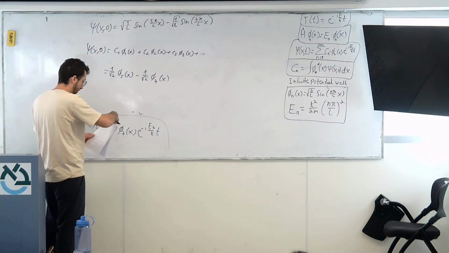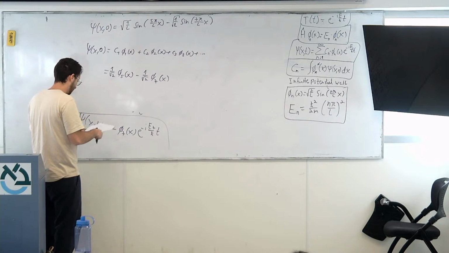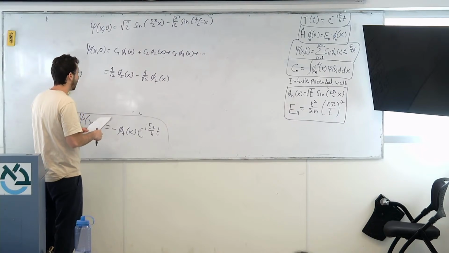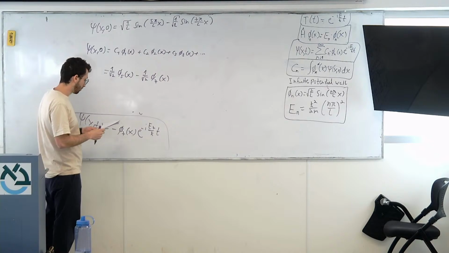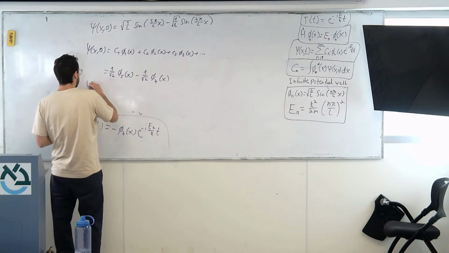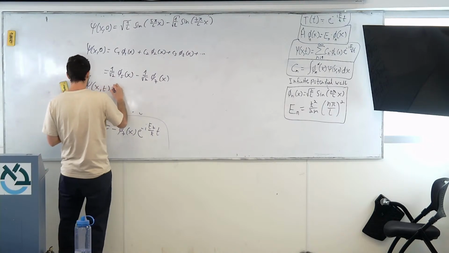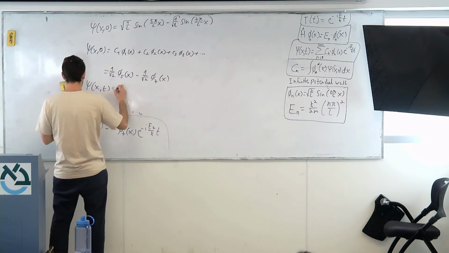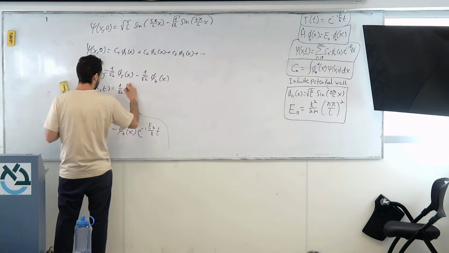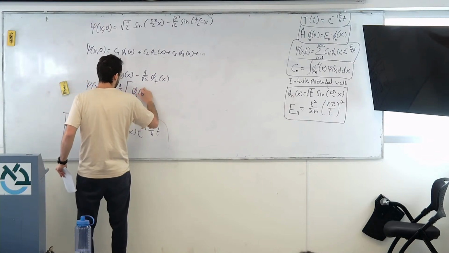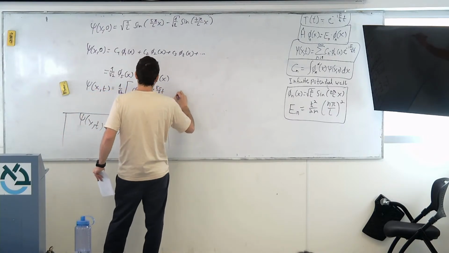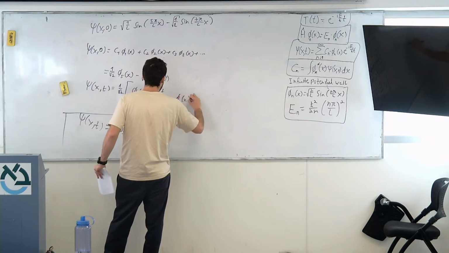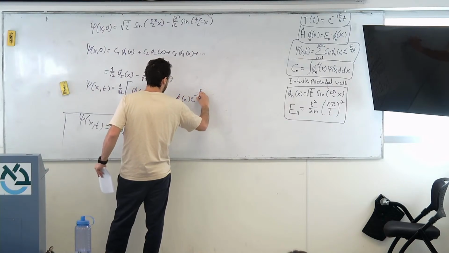And we can write, okay, now it's a bit more complicated. So we know psi of x and t, which is equal to just 1 over square root of 2 phi 5 of x e to the minus i E5 over h bar t minus phi 7 of x e to the minus i E7 over h bar t.